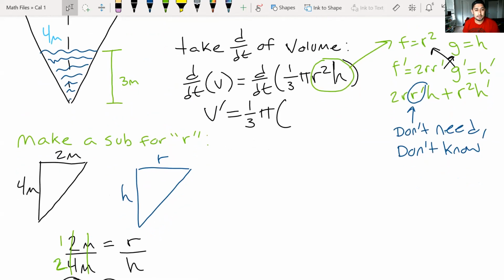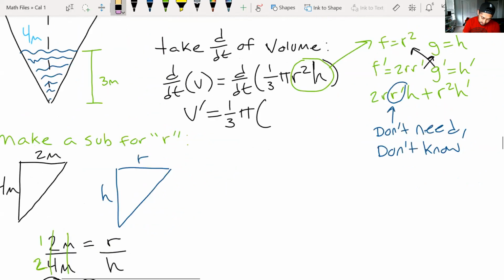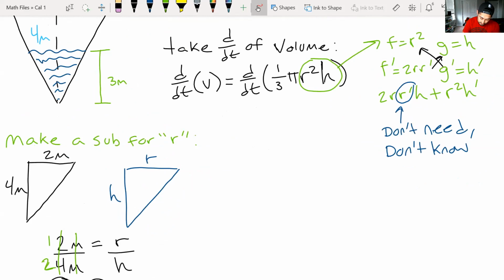Okay, so now I'm going to get rid of this step. And now the left side becomes v prime, so we can start there. I can say v prime, and then again, I'm going to take the constants out: 1/3 pi times d over dt.